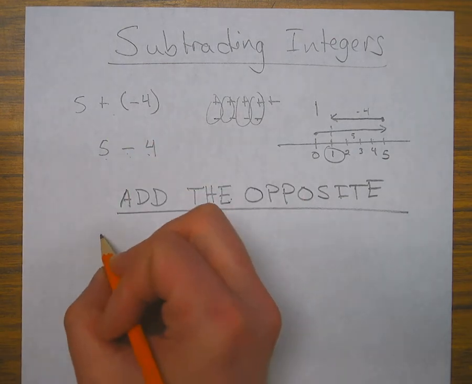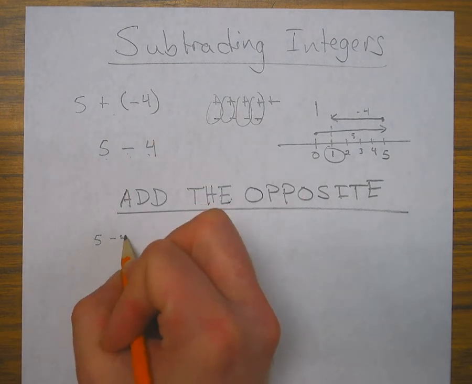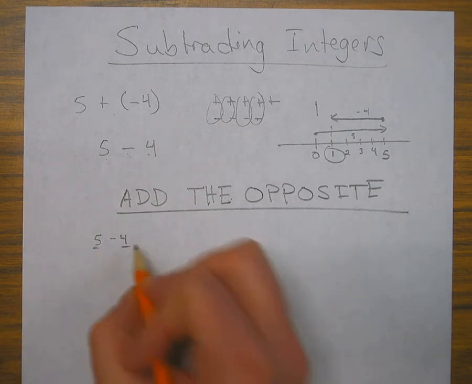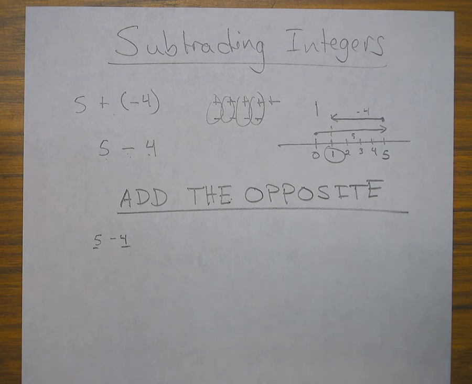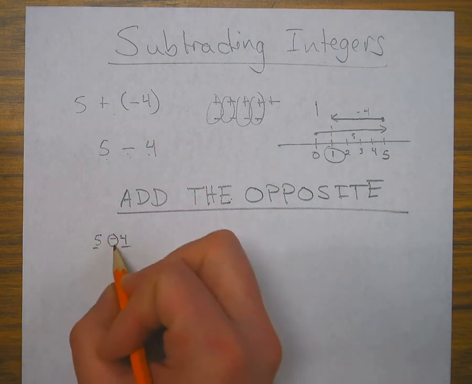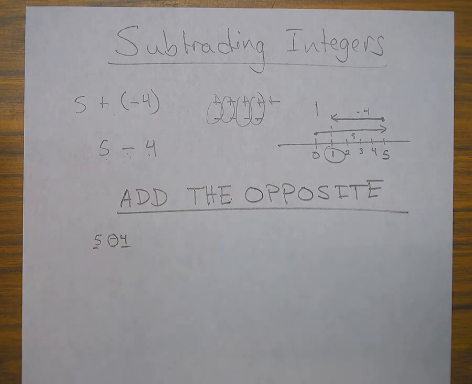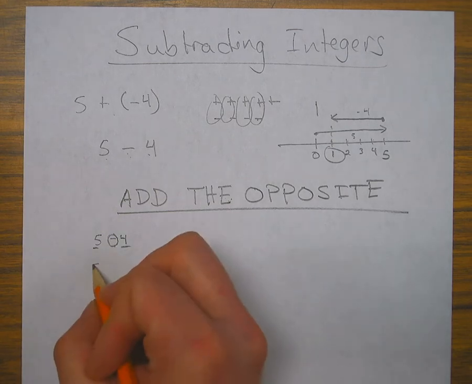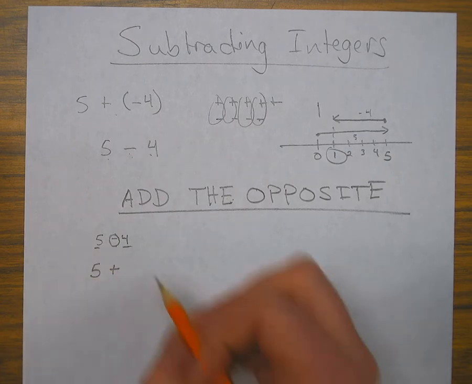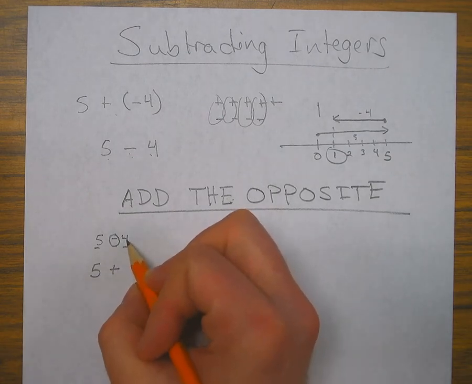So what it means when I add the opposite is it's going to turn back into this problem up here. So 5 minus 4, I'll write that again. This is a positive 5, this is a positive 4. What I do when I add the opposite is I change this sign to an addition symbol. So I'm going to go 5 plus, and then I'm going to go, what's the opposite of positive 4?